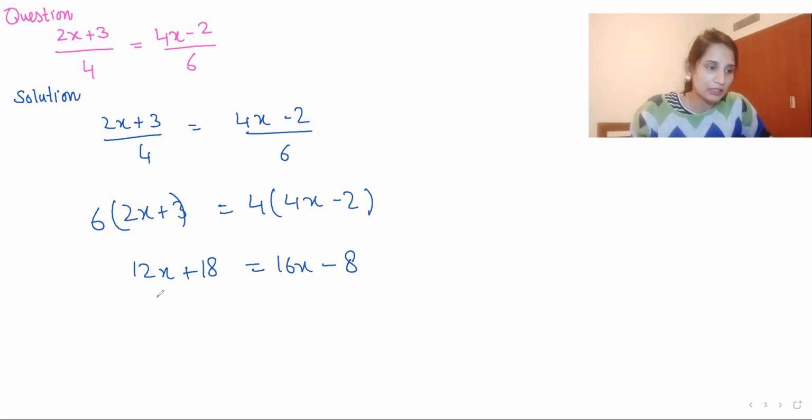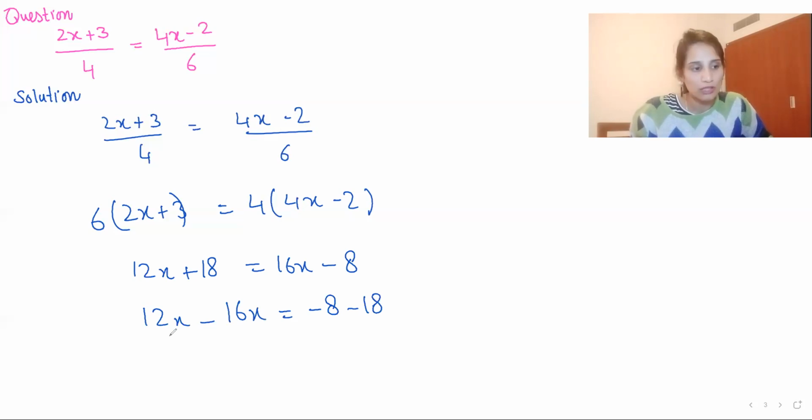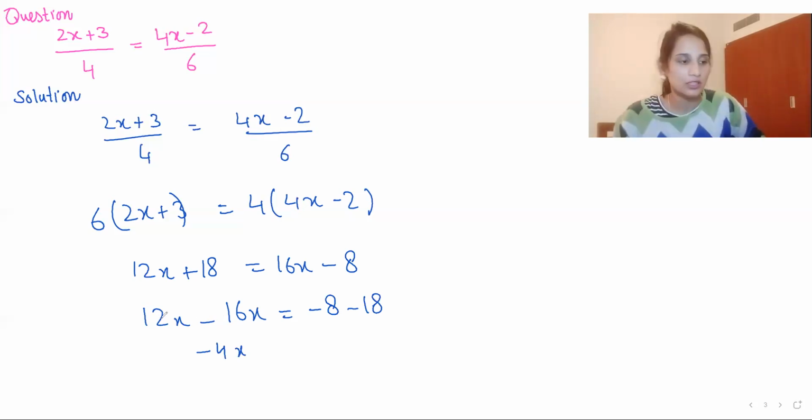Now taking all the x terms on one side and the constants on the other side, minus 8, and this 18 will also become minus 18. So 12 minus 16 would give us minus 4x. Here minus plus minus, so 16 minus 12 would be 4x, and the sign of the bigger value will be taken here.